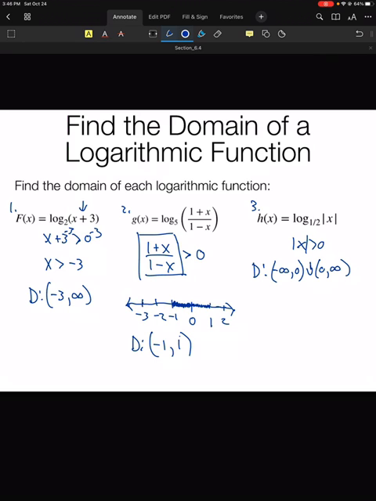Okay, and there's a u in the middle that represents union. You could also put a comma there. I don't care. It's all real numbers except for 0.